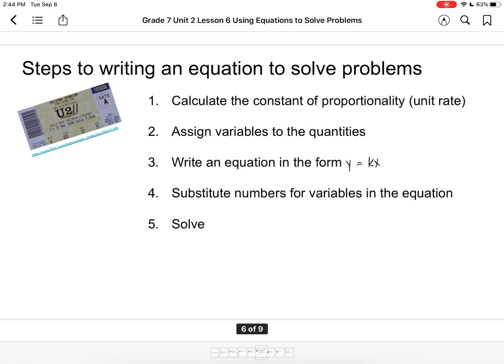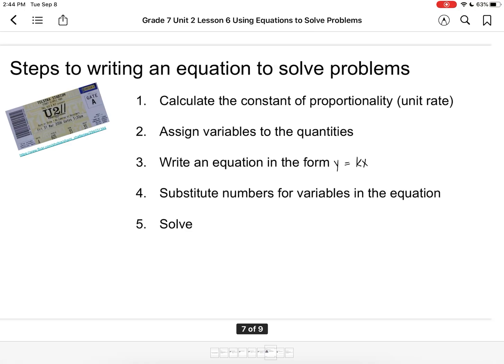That was the cost of one ticket. And then I assigned variables, X to the number of tickets and Y to the money. And I wrote an equation. And then I substituted numbers in for X and Y and solved to find the answers to the questions.